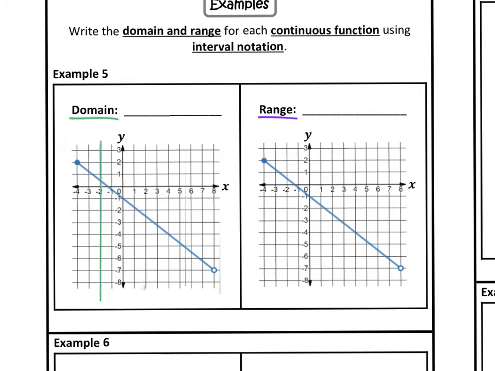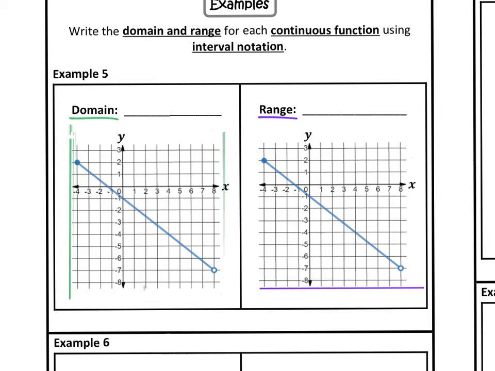For domain, we're scanning from left to right, and for range, we're going from bottom to top, right? Okay, so for range, we're going from bottom to top. For domain, we're going from left to right. Just to keep that in mind.